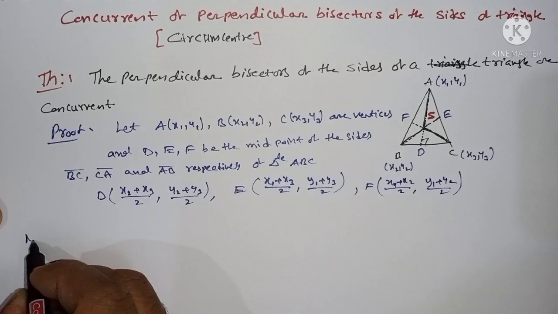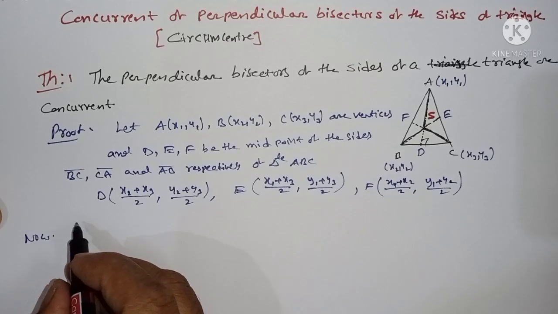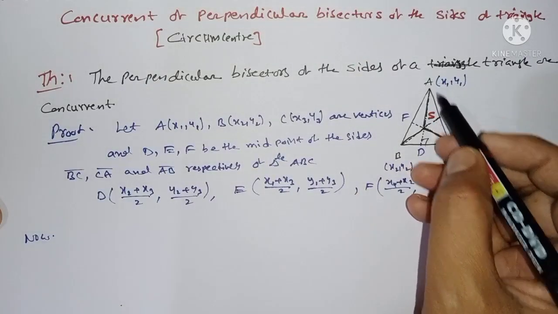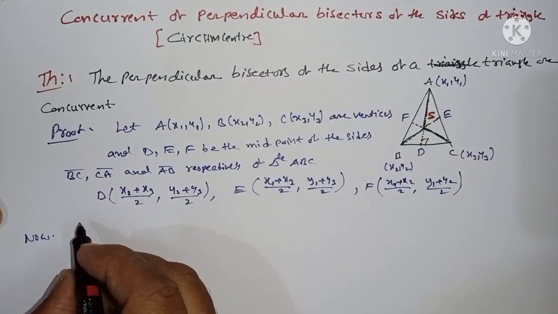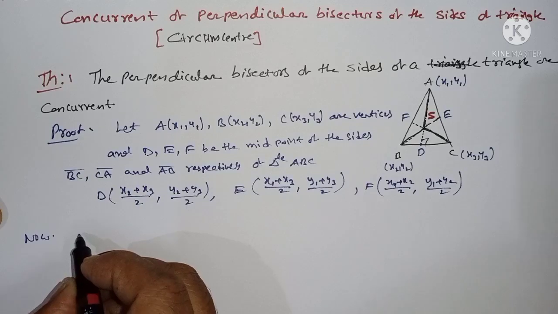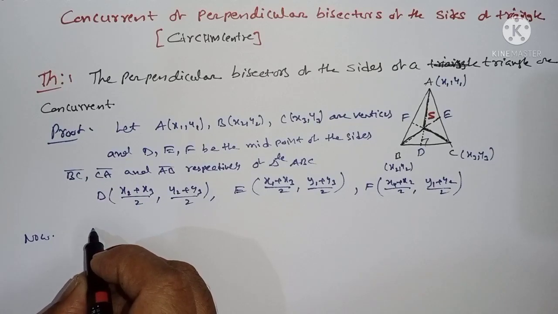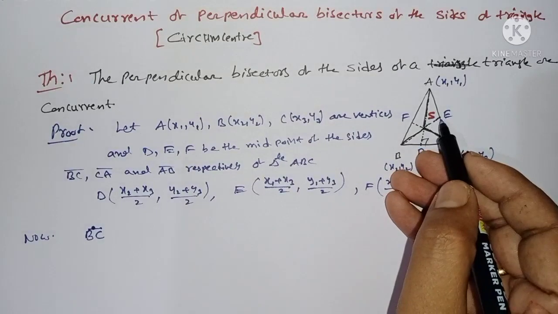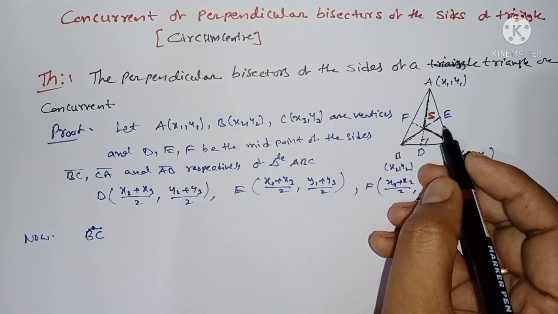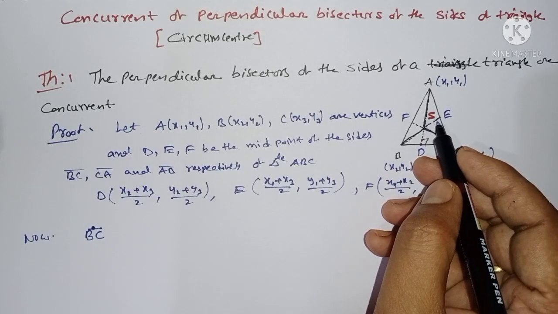We know that perpendicular means 90 degrees. Therefore, I can write here that SD is perpendicular to BC. I am taking S as the point.